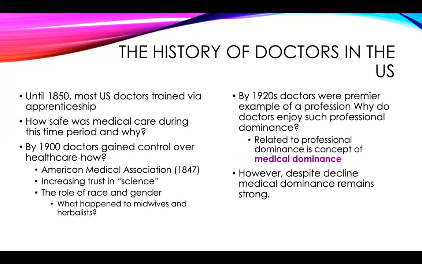And aligned with that, doctors became the premier example of a profession, and they enjoyed professional dominance, meaning when you think of medicine, when you think of healthcare, you think of doctors, and that their opinions were deemed as being more accepted, more influential, more right than any other healthcare practitioners. And we talked about this concept of medical dominance last chapter when we discussed to what extent it could be declining.